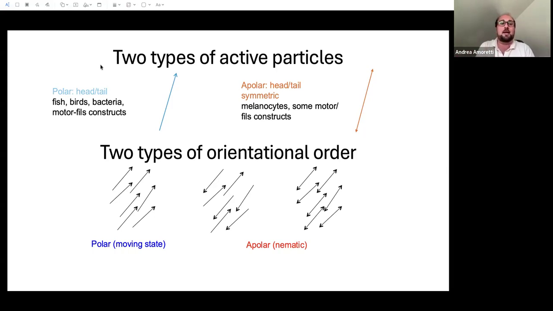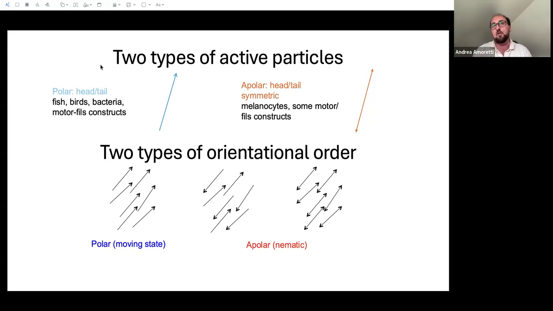Depending on the nature of the system, if it's polar or apolar, you can also have two types of orientational order. There is the polar one, where the moving state aligns all the velocities in one direction. If you want a simple example, you can think about a flock of birds.